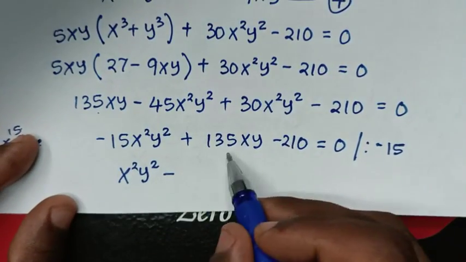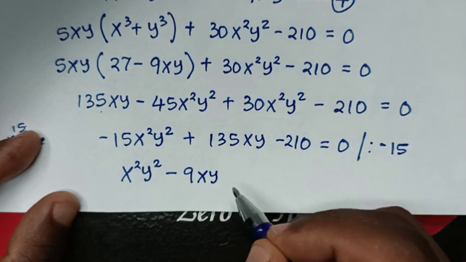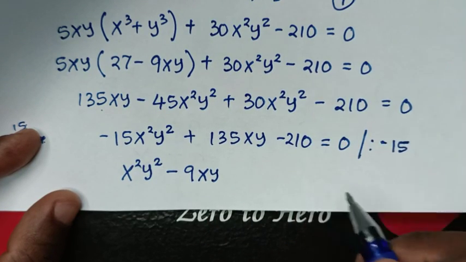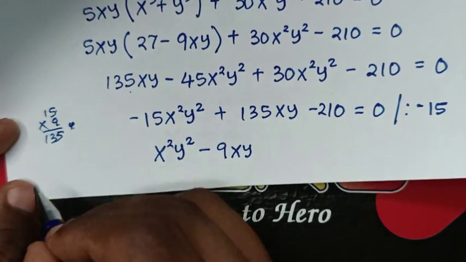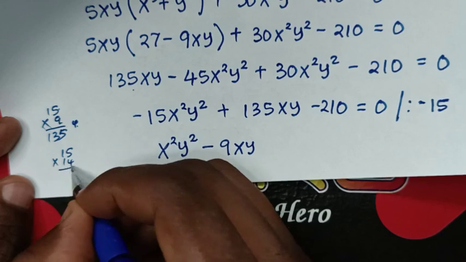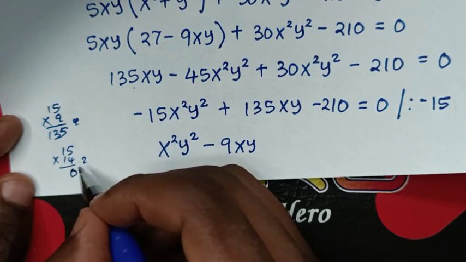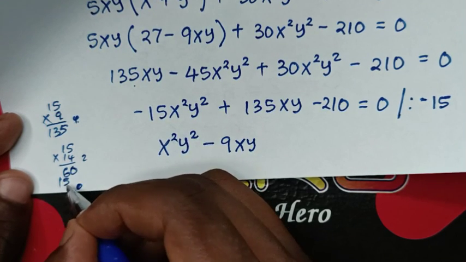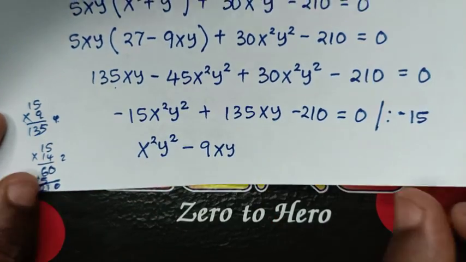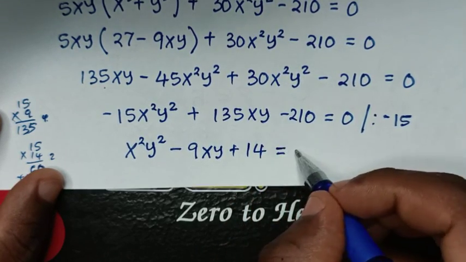So this divided by this is negative 9xy. Then negative 210 divided by negative 15 is positive 14. 15 times 14: it is 20, carry 2; 4, 2, it will be 6, then 5, 1, so the sum is 210. So this divided by this is plus 14 is equal to 0.